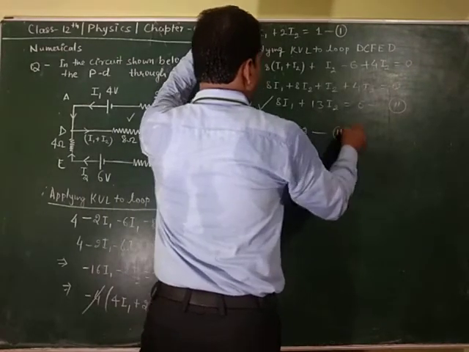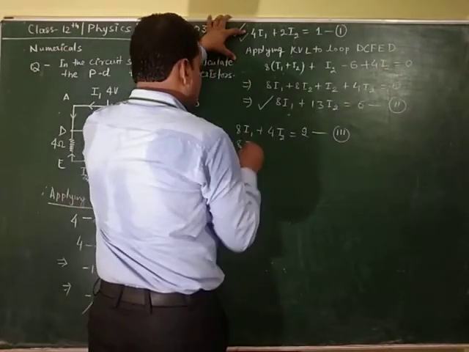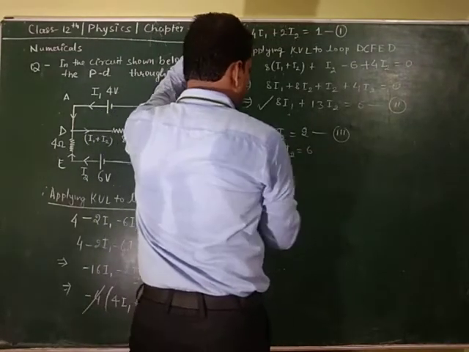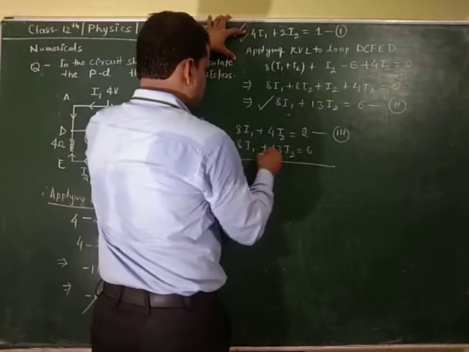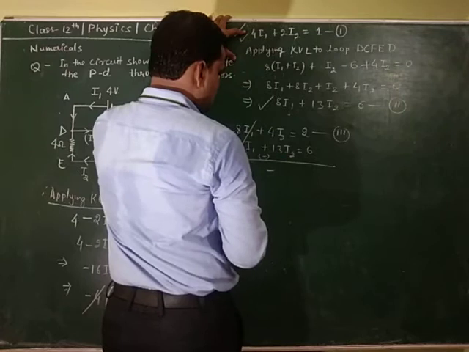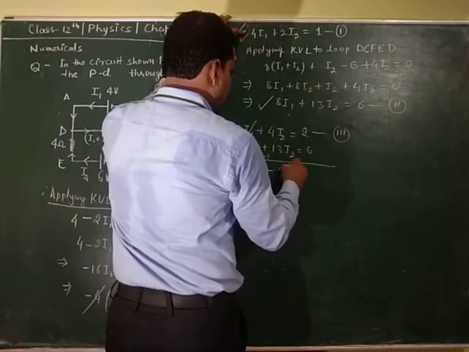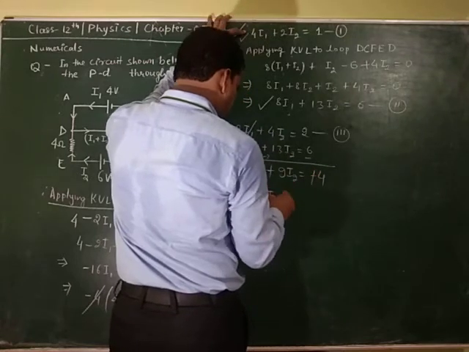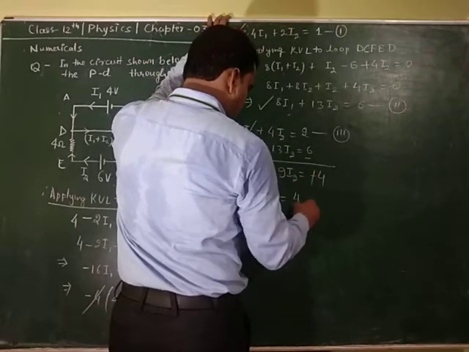Equation number 3. And this is 8I1 plus 13I2 is equals to 6. Subtracting, it becomes minus 9I2 is equals to minus 4. So I2 is equals to 4 by 9 ampere.